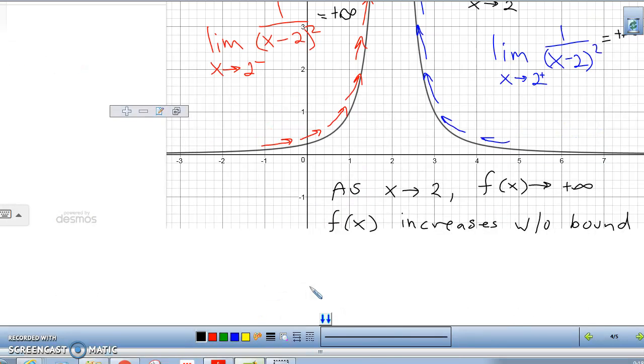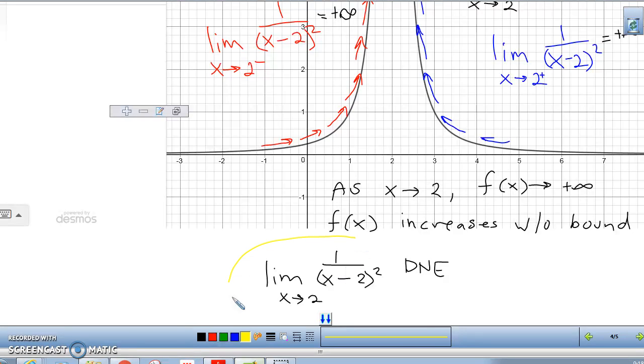So for this one, when this happens, we say that the limit of 1 over x minus 2 squared as x approaches 2 does not exist. That would be your answer.